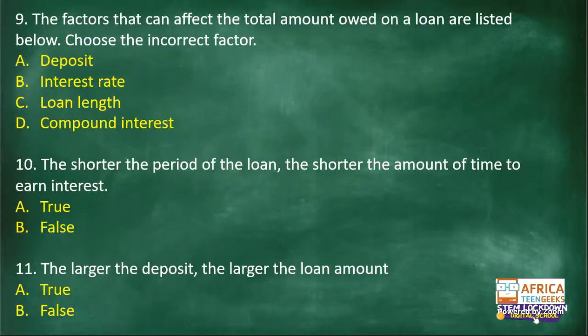So in other words, like I've just said, this question emanates from the previous one. If your loan period is short, then even the amount will be easier to pay. In other words, you will not pay more as far as the interest is concerned.